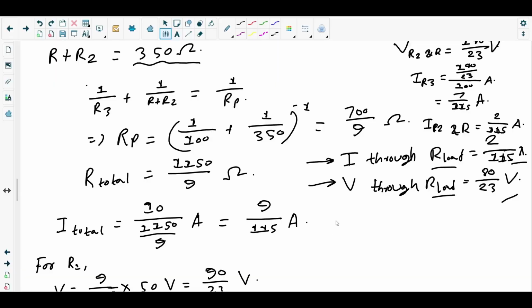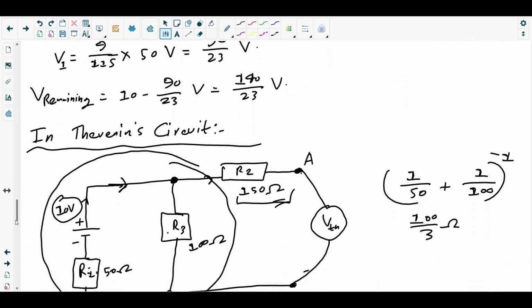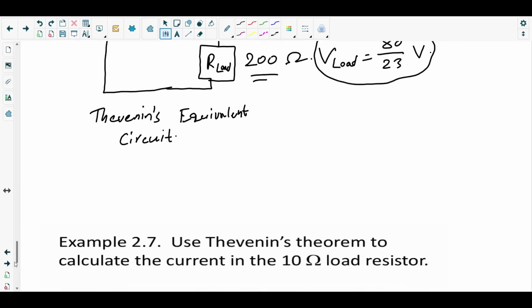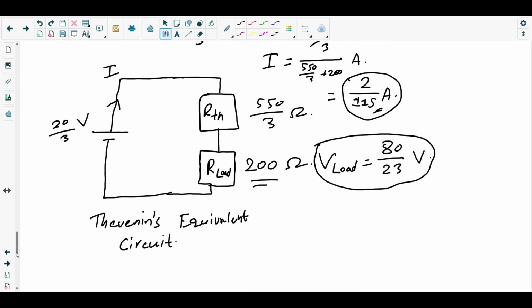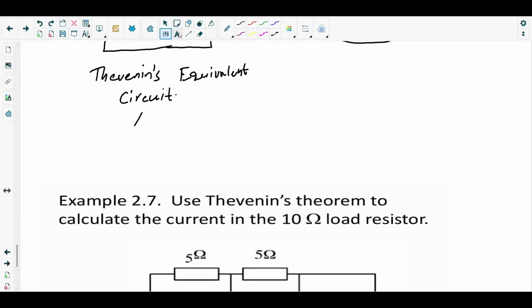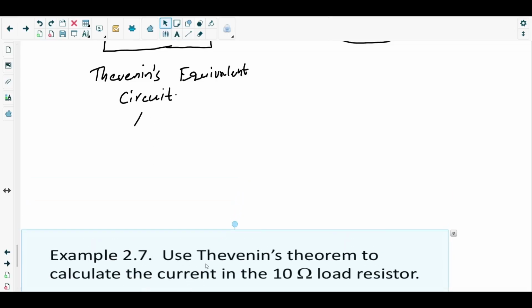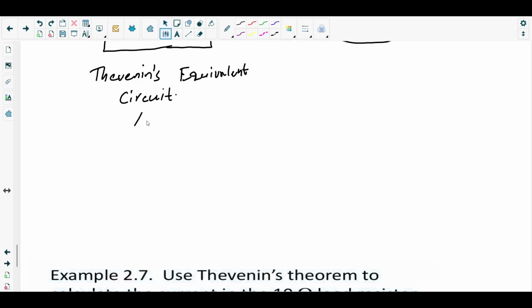You see? So we are making the circuit simpler, but we are not changing the values of the resistance, voltages or current.